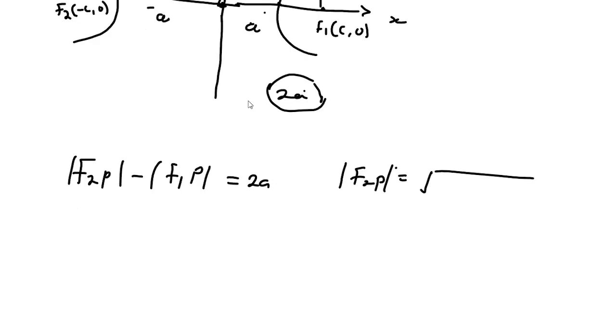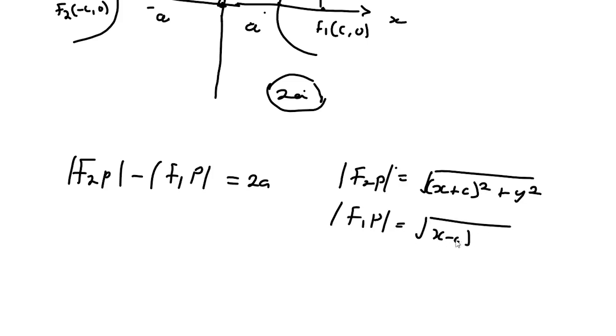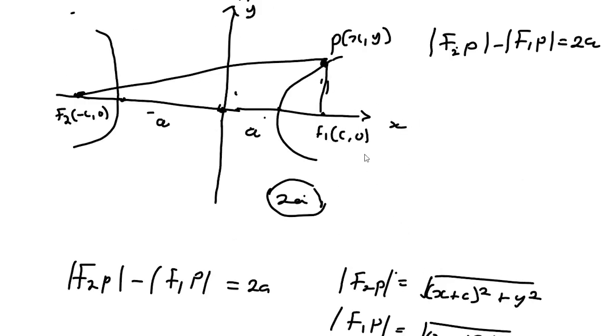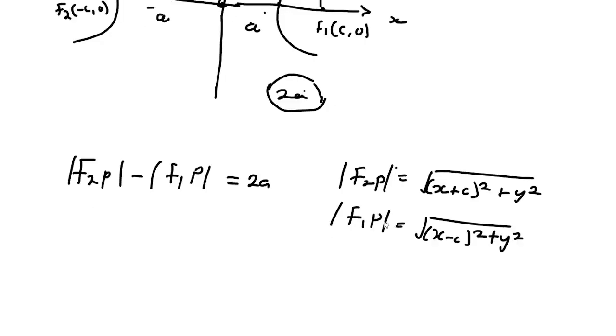So this gives us the square root of x plus c all squared plus y squared. With F1P, that will give us the square root of x minus c all squared plus y squared, since y minus 0 still gives y squared.